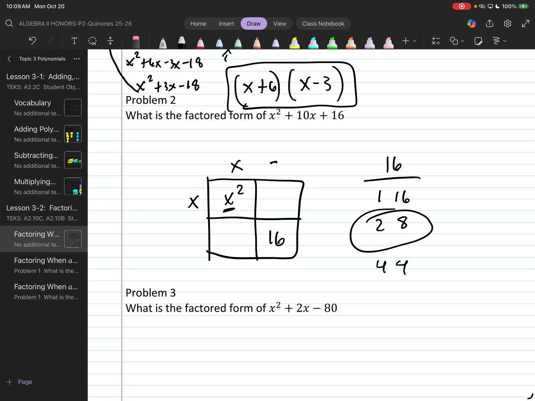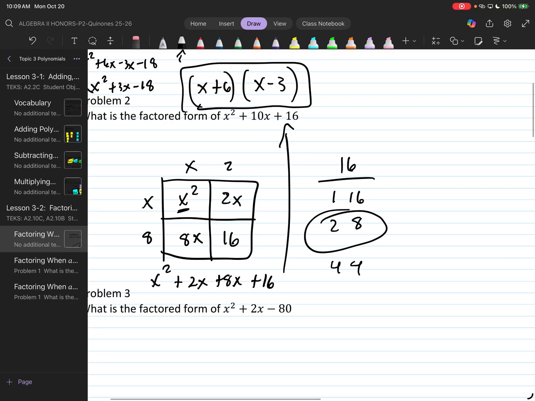Well, what if I put 2 here and I put 8 here? 2 times x gives me 2x. 8 times x gives me 8x. X squared plus 2x plus 8x plus 16 really simplifies to our original answer, which means that the factored form is x plus 2, x plus 8.